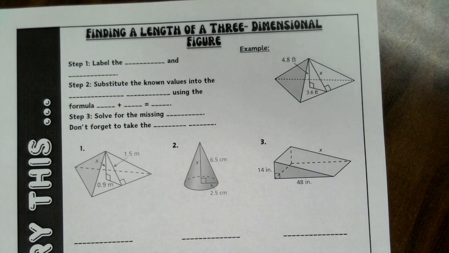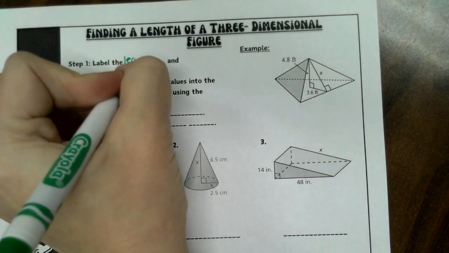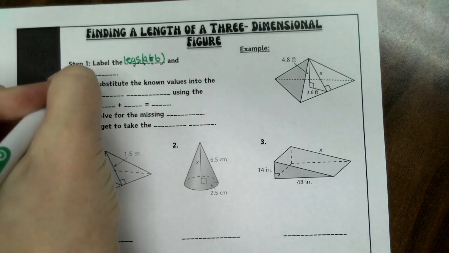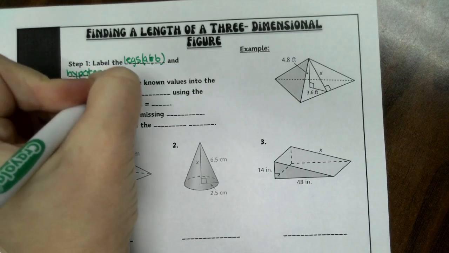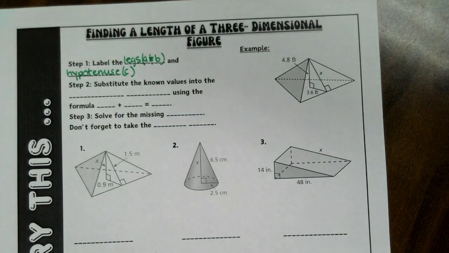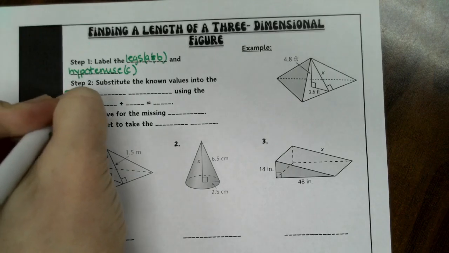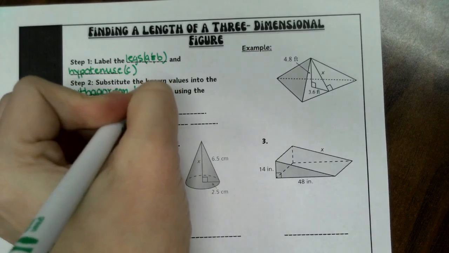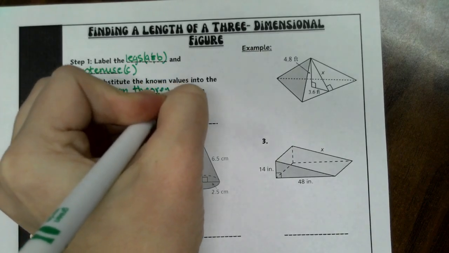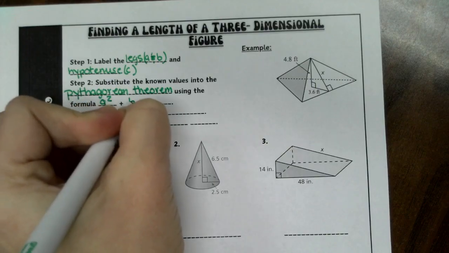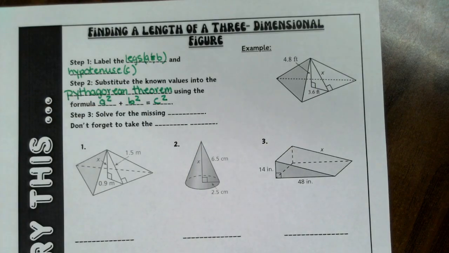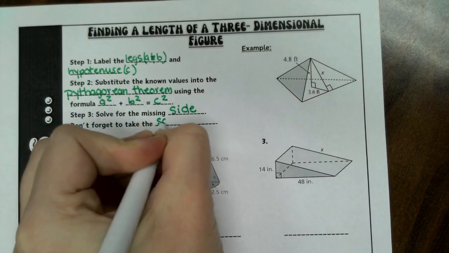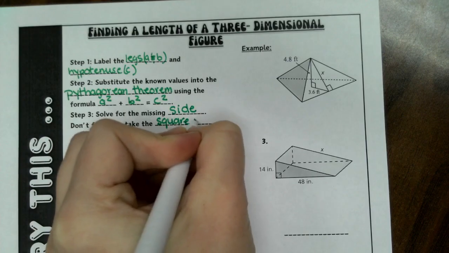So similar, we're going to label the legs, A and B, and the hypotenuse, C. You're going to substitute the known values into the Pythagorean theorem using A squared plus B squared equals C squared. You're going to solve for the missing side, and don't forget to take the square root.